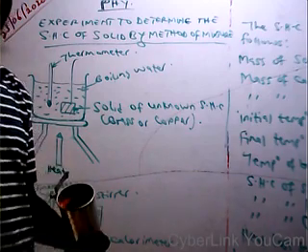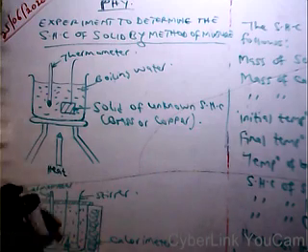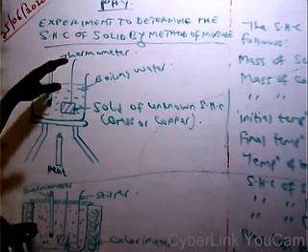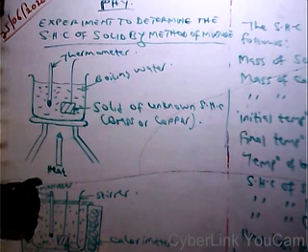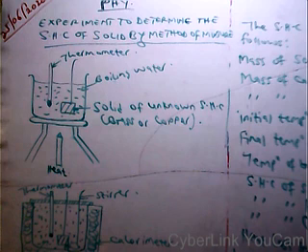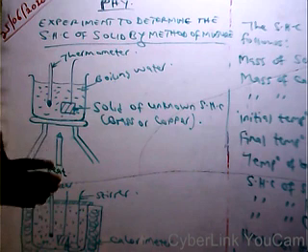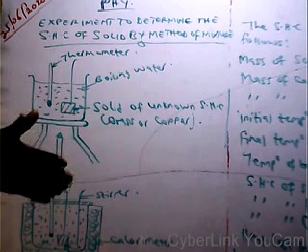And then we mostly use this calorimeter in experiments involving the determination of specific heat capacity of a substance through the method of mixture. Now, what do we call the method of mixture? As the name implies, it involves a situation in which you have some substances being mixed together.